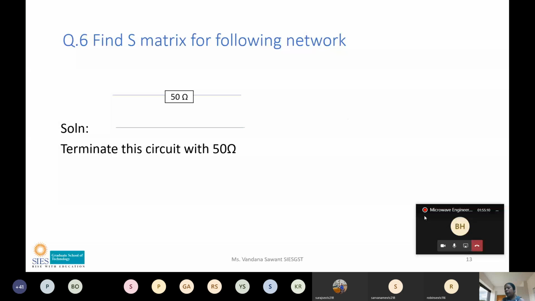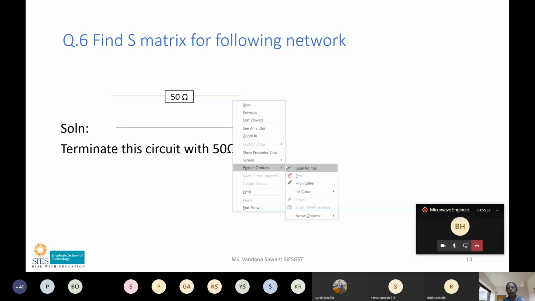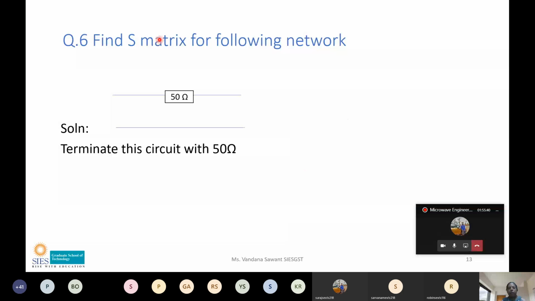At least do S11. First do S11. You have to terminate using 50 ohm only. So 50 ohm resistance will be here. Here will be 50 ohm resistance at the end point.